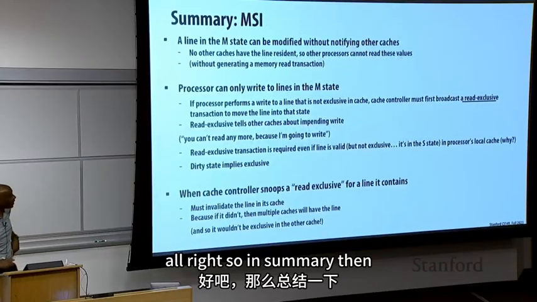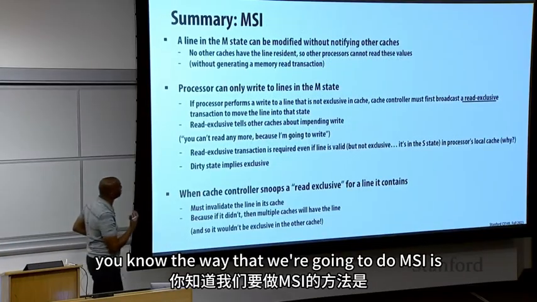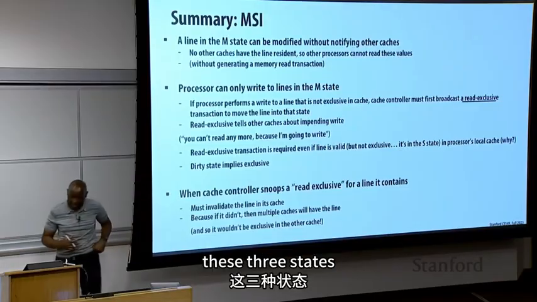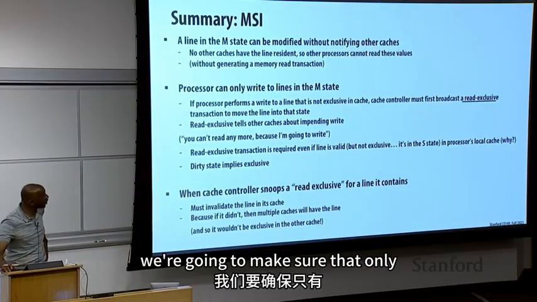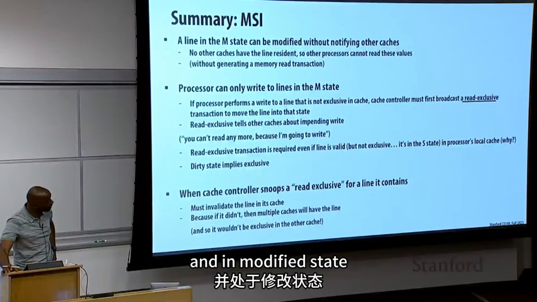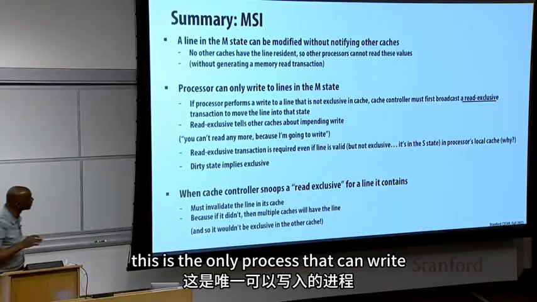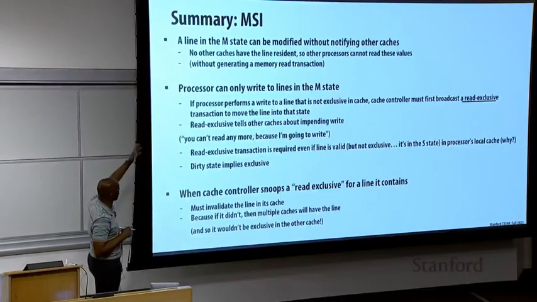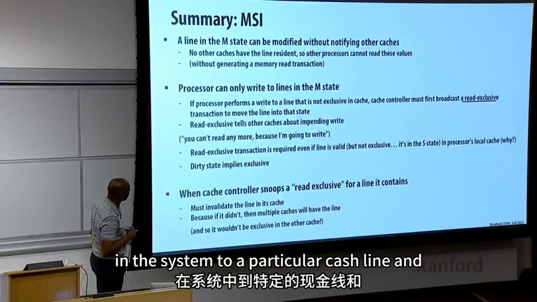All right, so in summary then, the way that we're going to do MSI is we're going to keep these three states. We're going to make sure that only one processor can be in modified state, and in modified state, this is the only processor that can write in the system to a particular cache line.